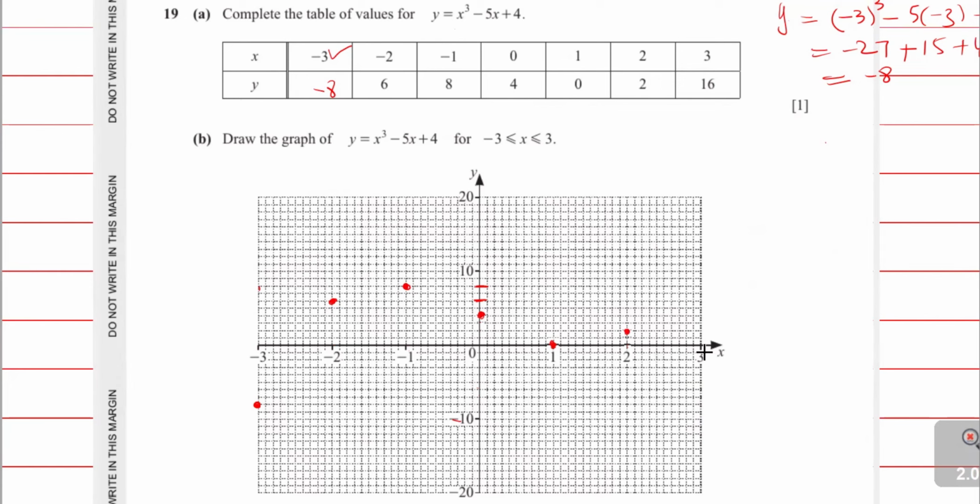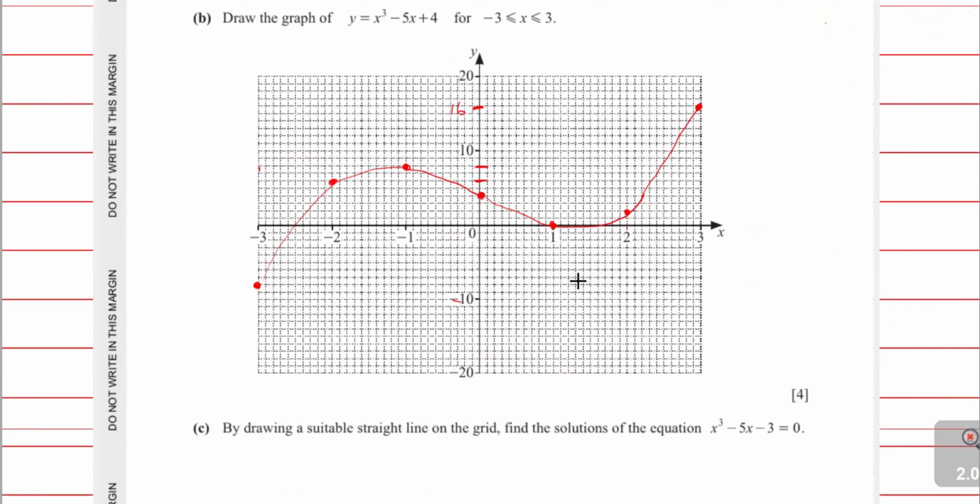Next is 3, 16. This is 3 on the x-axis, and the y coordinate is 16. We mark this position 16, and we will join all these points. After joining these points, we get the graph.